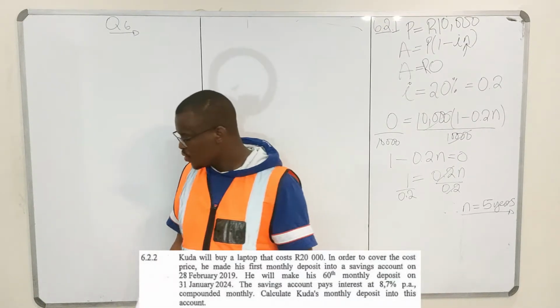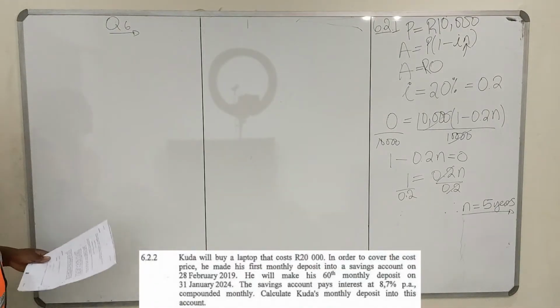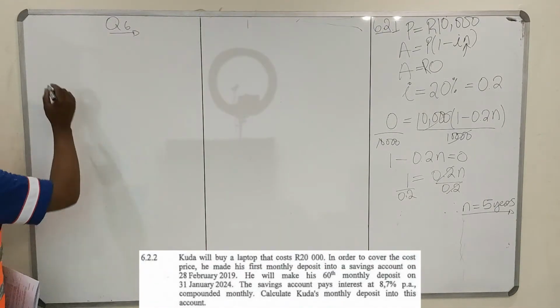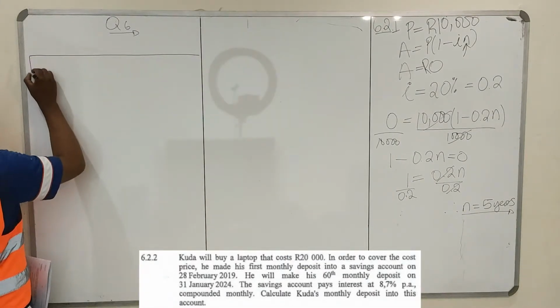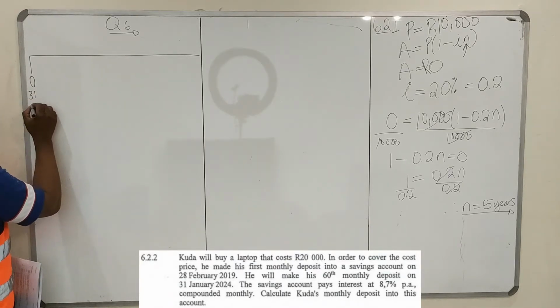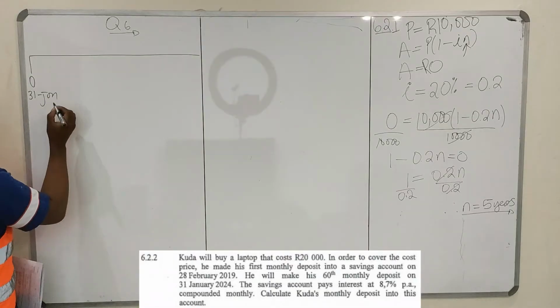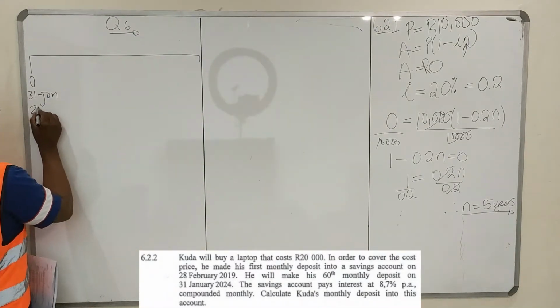So, what are they saying? I will try. This one is the easiest. There's no need for a timeline, but I will draw it just as a practice. So, this is the beginning. Here, this is 31 January here, and which is 2019 here.